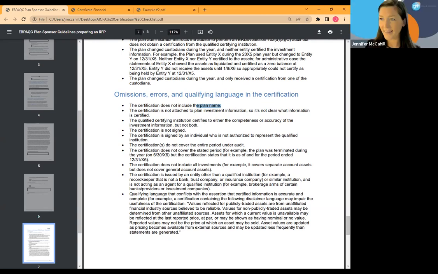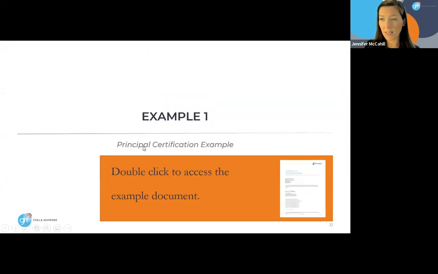Jennifer? Great, thank you, Sarah. I'm going to flip back to our presentation. So as Sarah mentioned, and I mentioned at the beginning, these will be posted on our website. So you'll have access to download the presentation and then double click on those assessment tools so that you have the assessment tools as well as the examples.